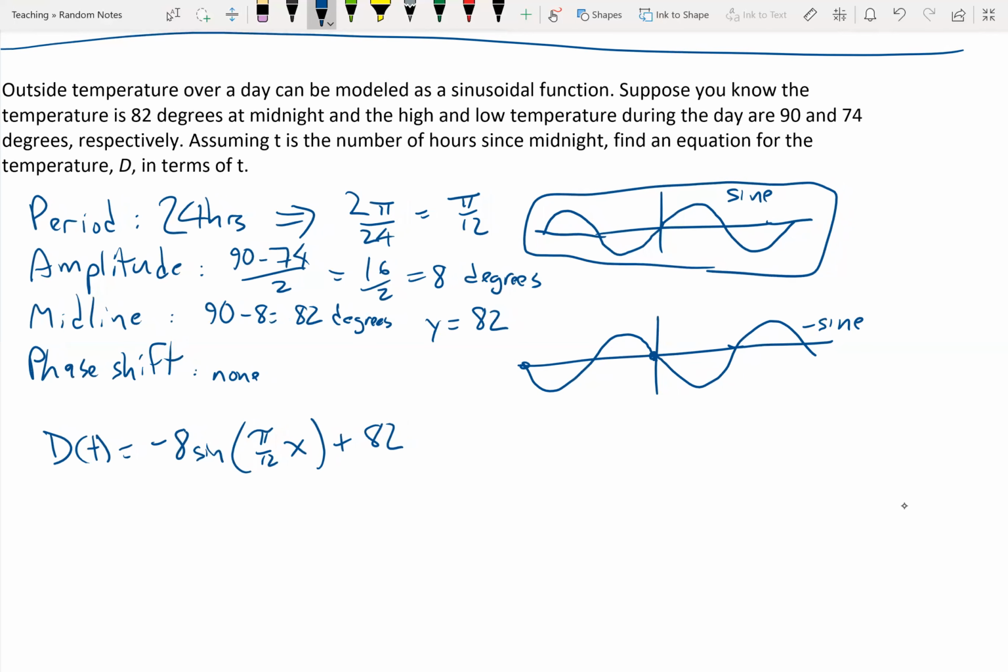And that's my answer for this one. If there had been a phase shift, which there is, I think, on number 12, then you just do a horizontal shift.